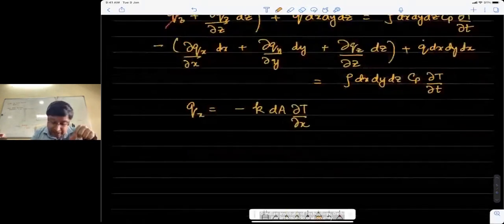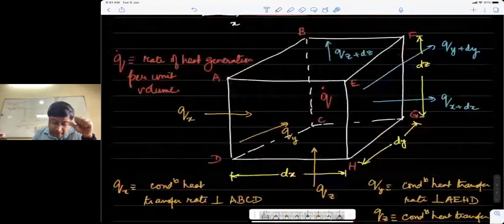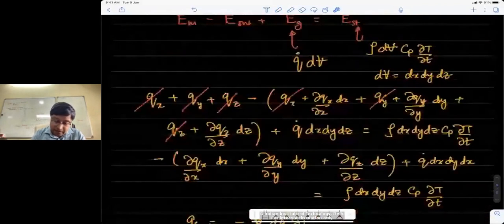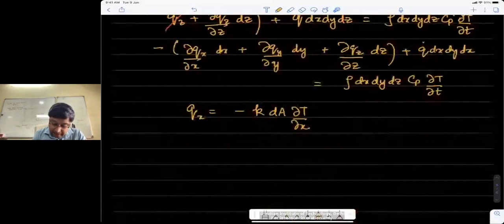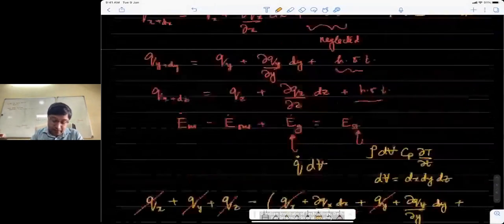For this I need to go back to the sketch. So what area am I looking at? I'm looking at this area ABCD, which has a normal along the x direction. So I'm going to write this as minus k dAx dT/dx, to define that this is the area along the x direction, and that area has a definite value.